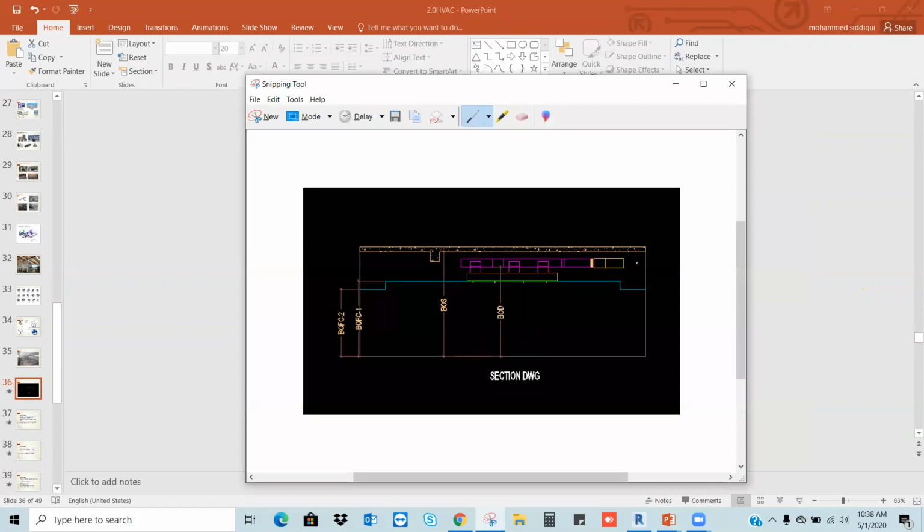Before starting the air conditioning system or electrical or piping, whatever it may be, we should think about the space availability above the ceiling. Let's say this is my ceiling, false ceiling. How much space do I have, what kind of sizes of services do I have to make this arrangement. Always we need to check this space availability.